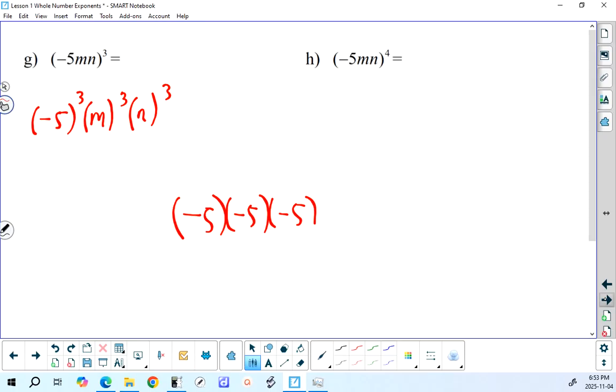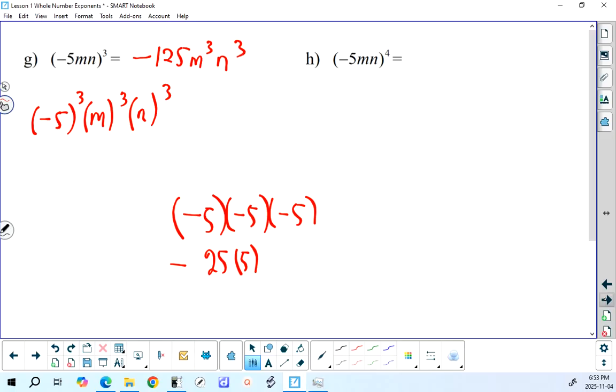Well, negative times negative times negative is a negative. We're going to get a negative answer. 5 times 5 is 25, so we're going to get a negative times another 5. Maybe you know that that's negative 125. I hope you do. If not, you can feel free to use your calculator. And then we have m cubed, n cubed.